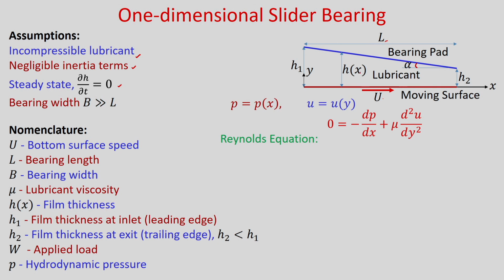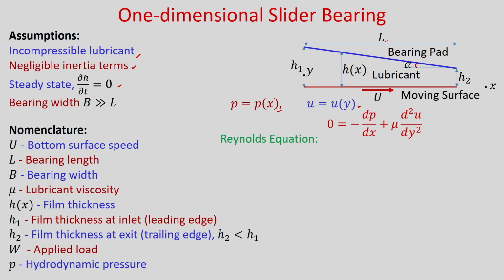And the bearing width, perpendicular to this surface in the z direction, is B, and this B is much greater than L. So, any gradient in this direction you can neglect, and the velocity perpendicular to this surface is also 0.